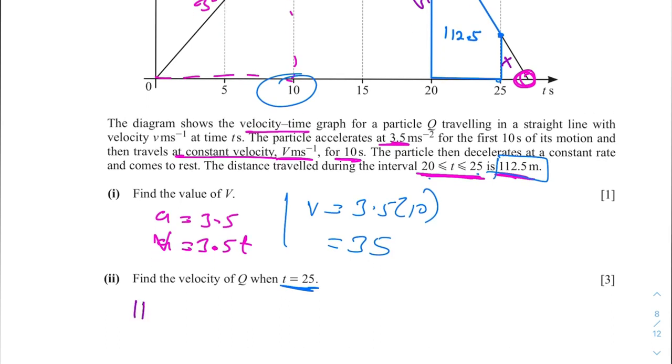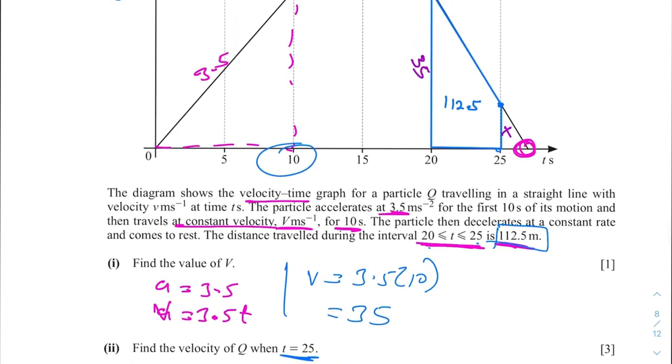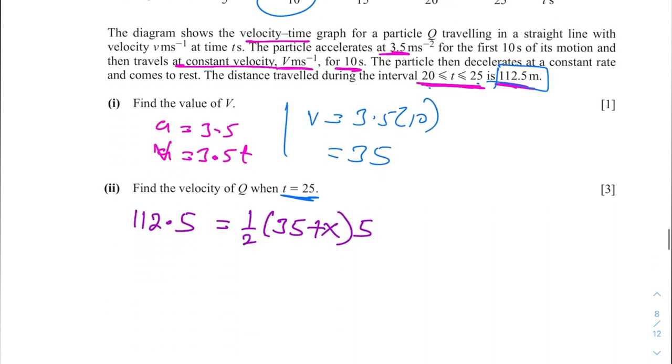Because we know that the total space there is this, that is equal to half into bracket 35 plus x, times the height, and the height is 5 seconds, because moving from 20 to 25, there's a height of 5 seconds.